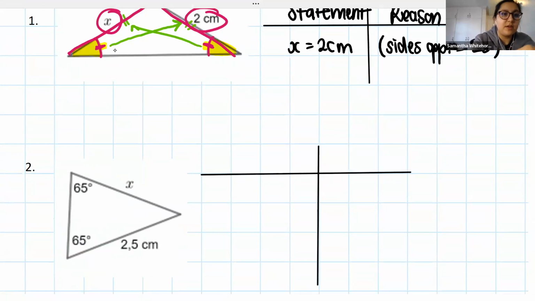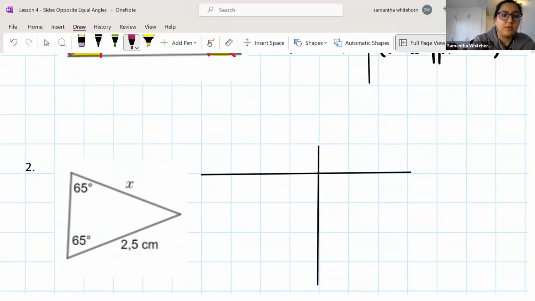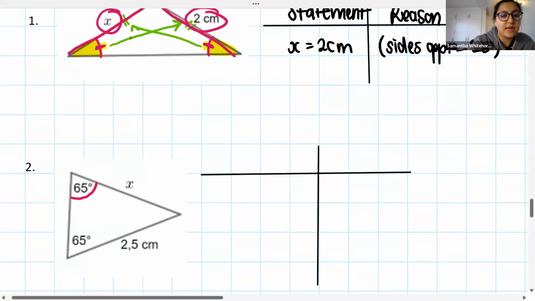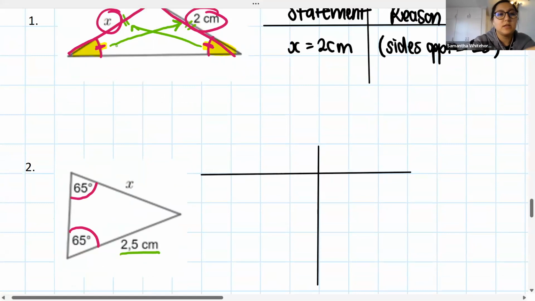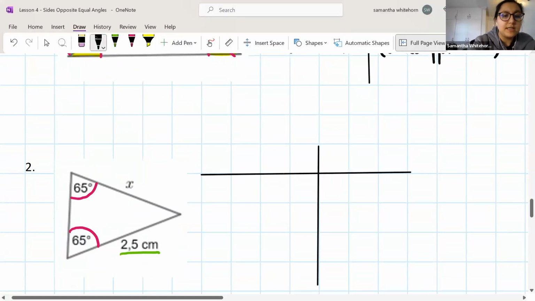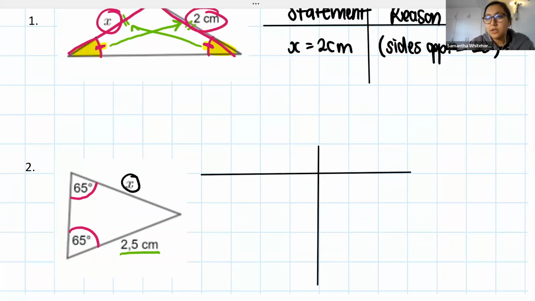So we have been given 2 bits of information. I've been told that this angle is equal to 65 and that angle is equal to 65. And I've been told that I've got one side length of 2.5 centimeters. What I want from you guys is x, and I want the reason. Now, guys, the reason is not angles up equal sides.